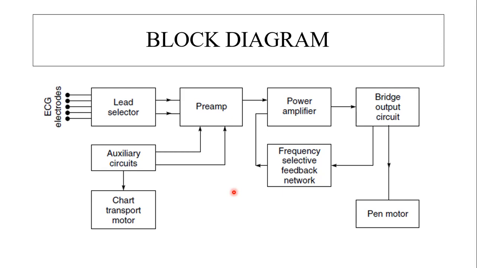It may include a speed control circuit for the chart driven by the motor transport here. So this is basically a brief of what actually goes on in the ECG machine, from acquiring the ECG signal to the output through the pen motor.